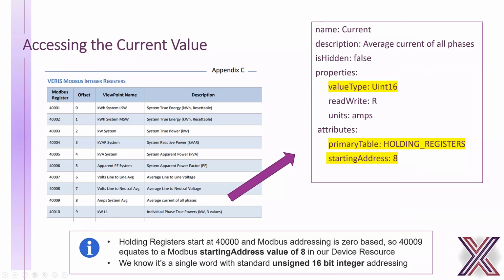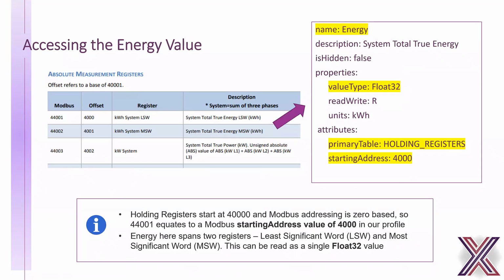So the next one, this one's kind of more interesting, I guess, because it is spread over 2 registers. So the energy, it turns out, is modeled with a least significant word and a most significant word. So we've got 2 registers that we need to be concerned with. And well, we can read that as a float 32.